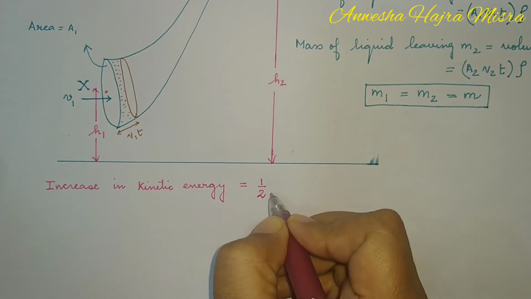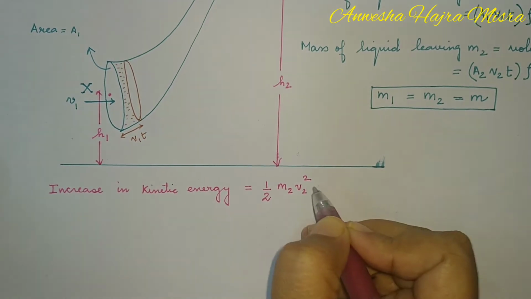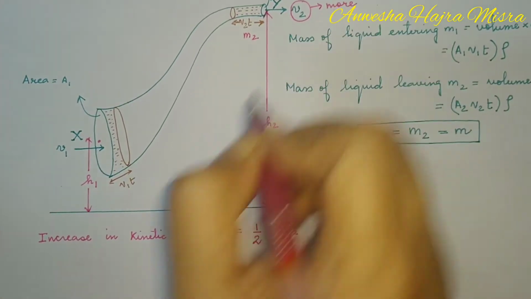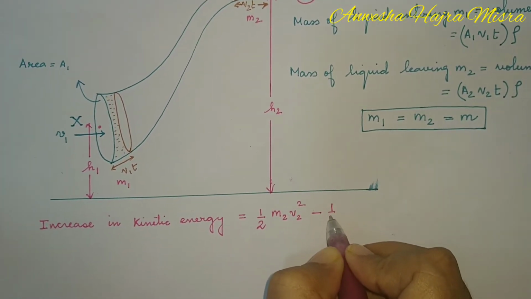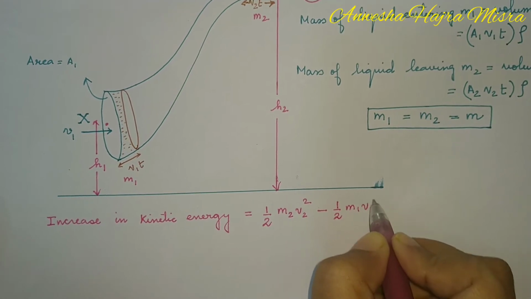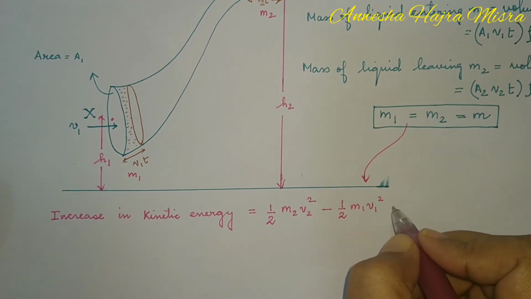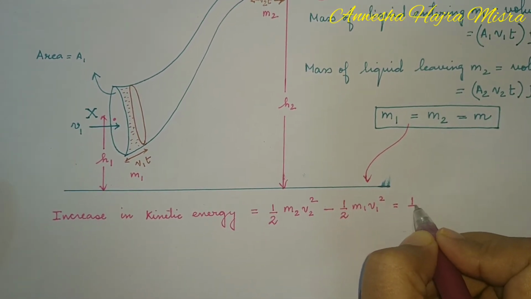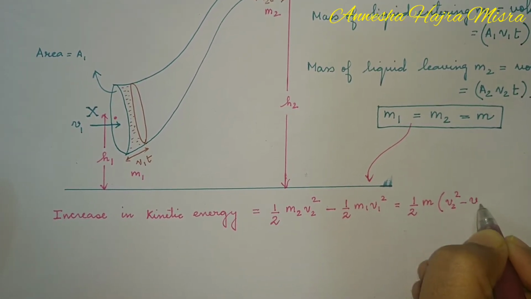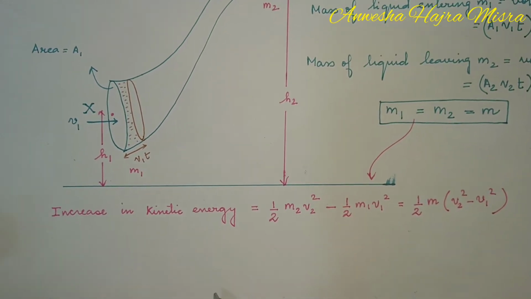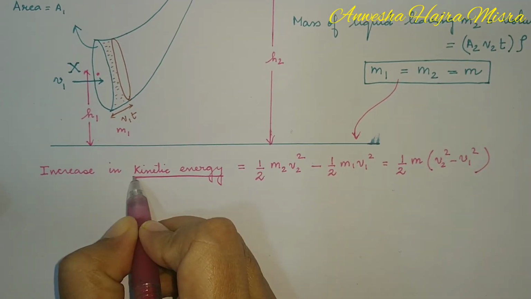It is half m2 v2 square minus half m1 v1 square. I can write m1 equal to m2 equal to m, so this is half m (v2 square minus v1 square). From x to y, kinetic energy increases.